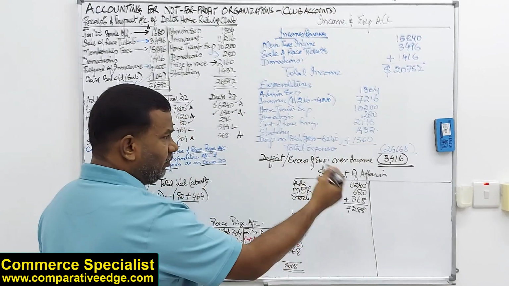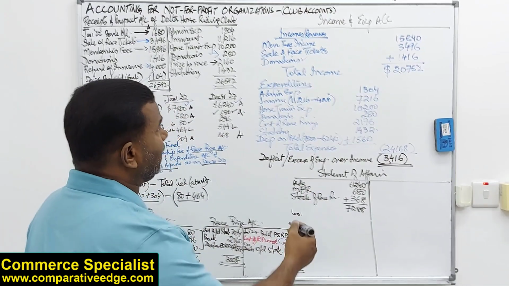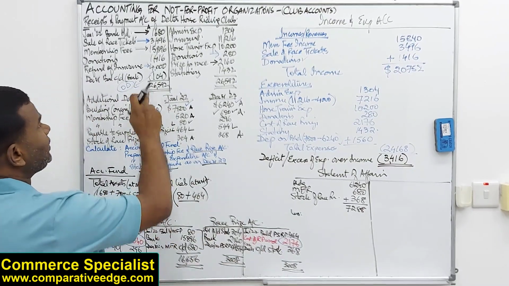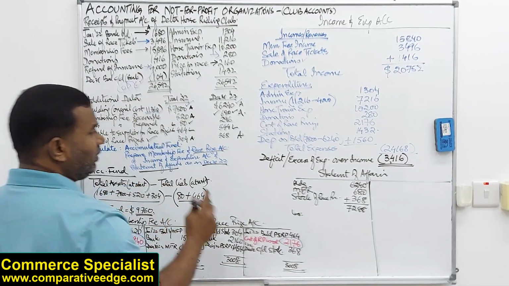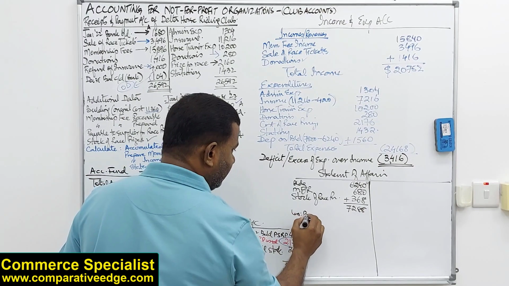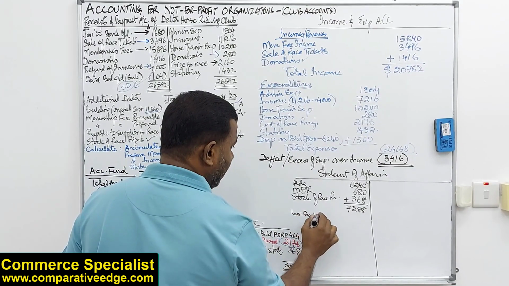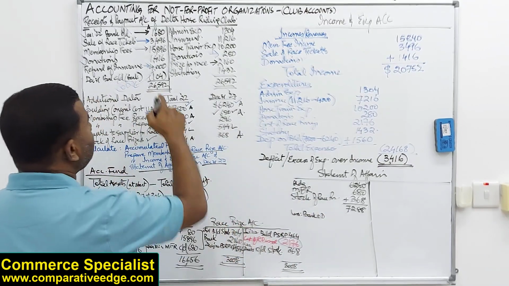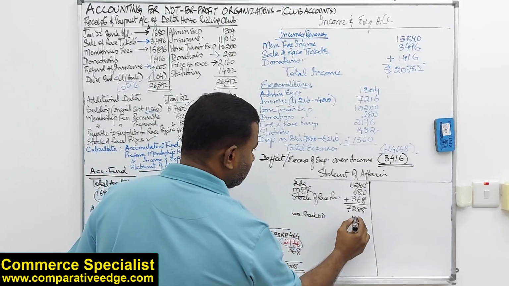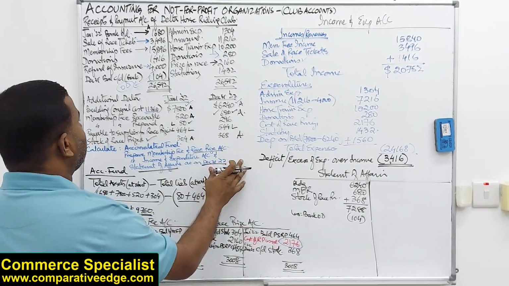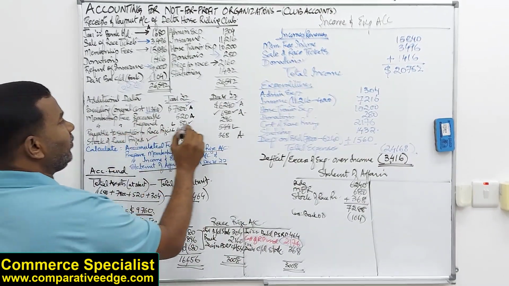This is how we prepare the statement of affairs in club accounts in a not-for-profit organization. My closing liabilities: obviously bank overdraft is my closing liability, so I'm writing here bank overdraft, which is 104. Coming here, my closing liability is membership fee paid in advance.